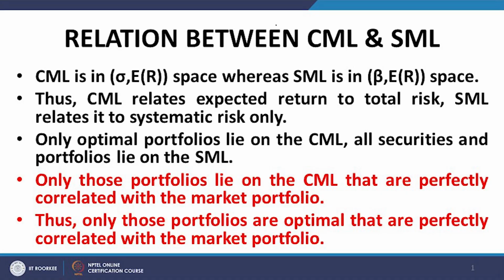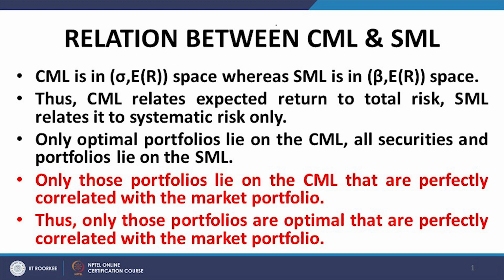Only efficient securities or portfolios lie along the capital market line. However, all securities or portfolios will lie along the security market line. So, this is important, and if the market is in equilibrium, all assets must lie on the security market line, as I just mentioned.